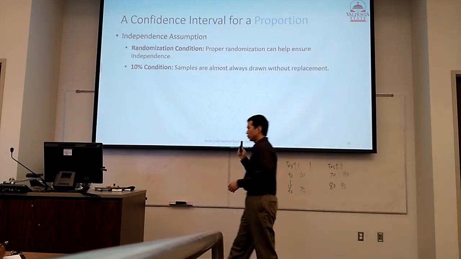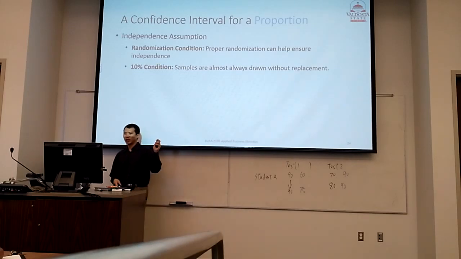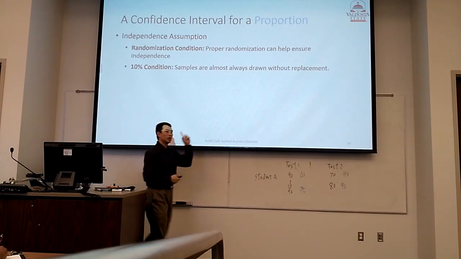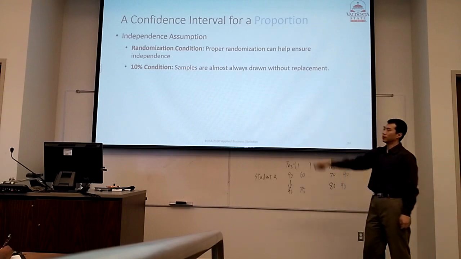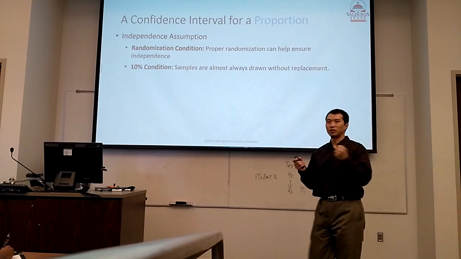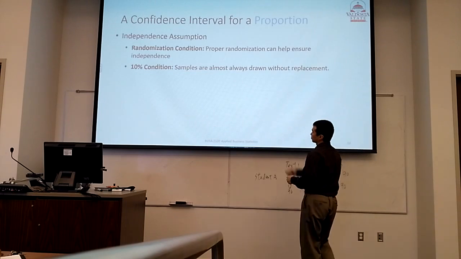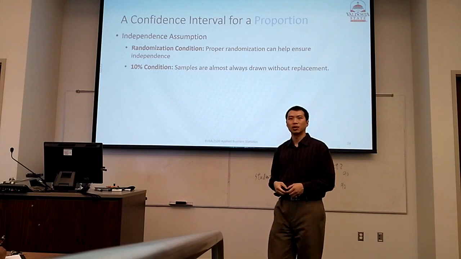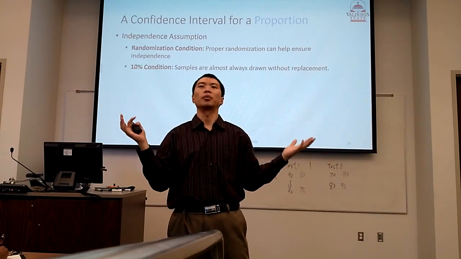So in order to utilize this confidence interval, we only have one assumption. And in order to meet this assumption, we have two conditions. Your sample should be a random sample. Okay? So that is one requirement. The other requirement is the 10% condition. So you cannot draw 50% of your whole population as your sample.